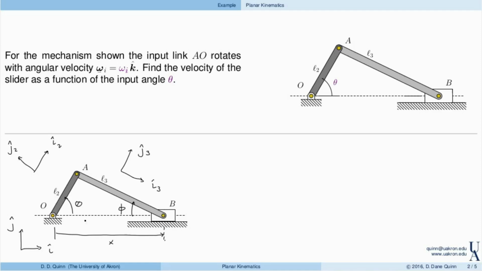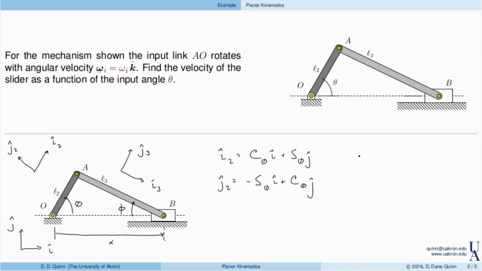So with respect to these angles theta and phi, I can identify I2 and J2 and I3 and J3 in the following way. So I2 is cosine of theta in the I direction plus sine of theta in the J direction, while J2 is minus sine of theta in the I direction plus cosine of theta in the J direction.